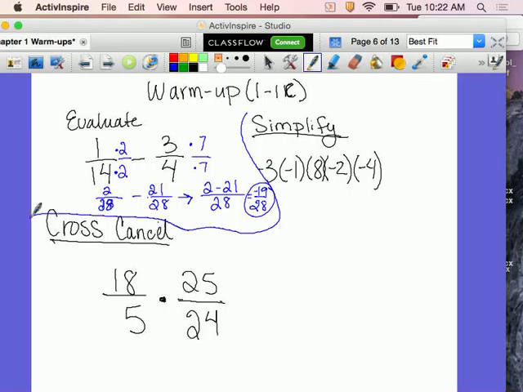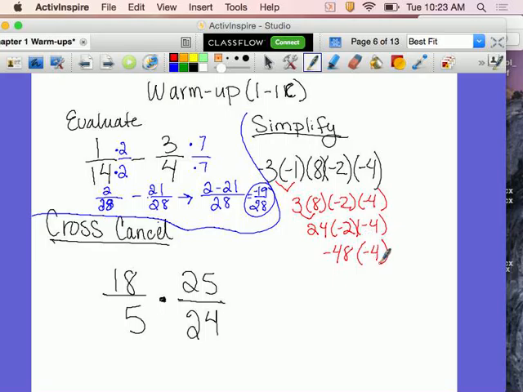Now moving on to simplifying integers. Remember to take your time so you don't mix up a sign, and just go left to right like you normally would. So 3 times negative 1 is negative 3, times negative 1 is positive 3, and copy the rest. 3 times 8 is 24, copy. 24 times negative 2 would be negative 48, times negative 4.